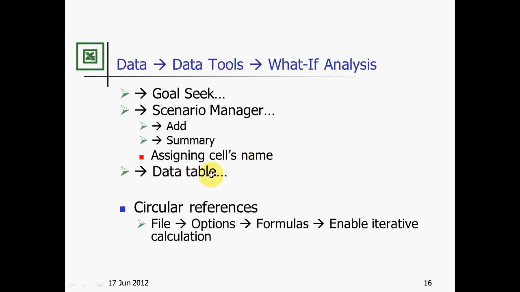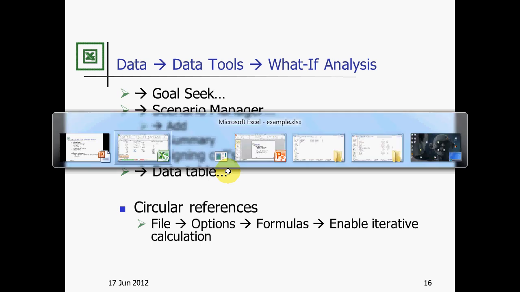Data table can also be done by introducing many formulas manually. However, automating this task speeds your work up a lot. You will see, especially with data table. I will now show you some examples for which, if you want to do it yourself with formulas, it takes at least 20 minutes. So let's see data table.